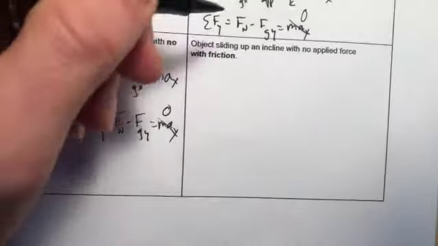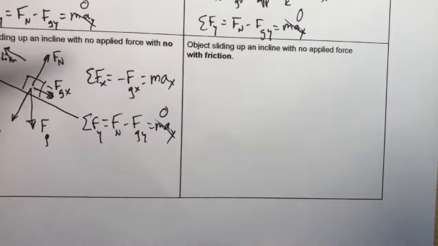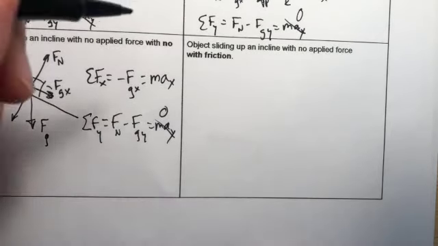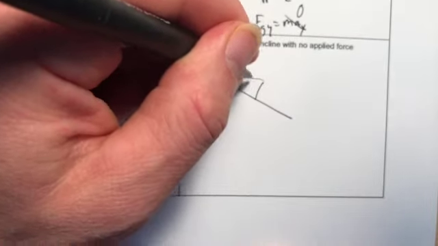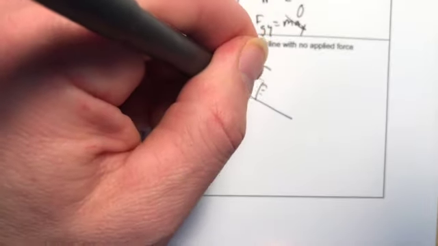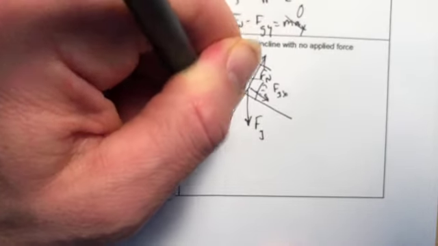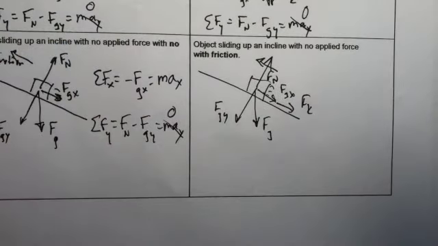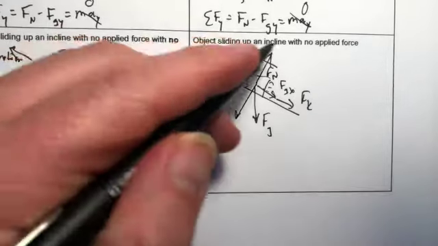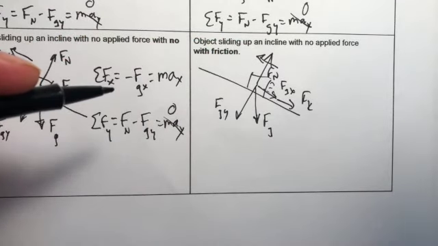And finally, we have an object sliding up an incline with no applied force, but there is friction. So in this situation, again, it's moving this way. So we have Fg, Fn, Fgx, Fgy, and friction going down, because friction always opposes the motion, and the motion is going uphill.